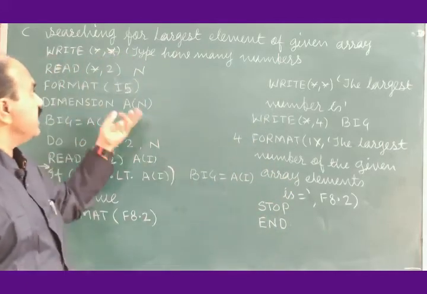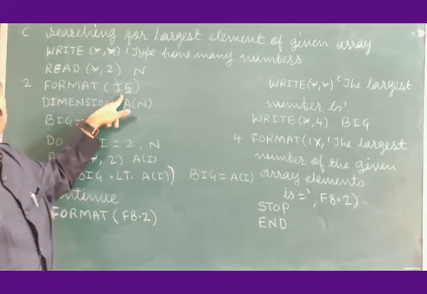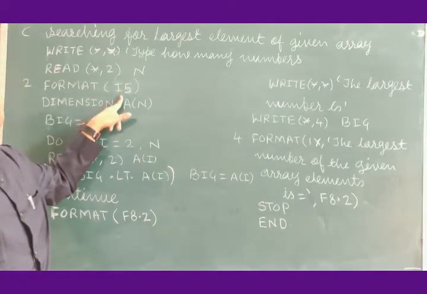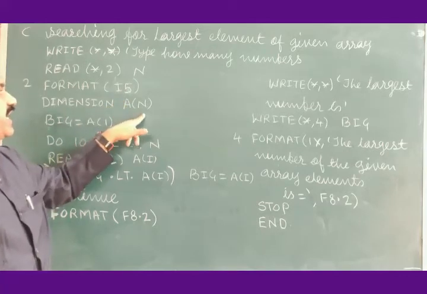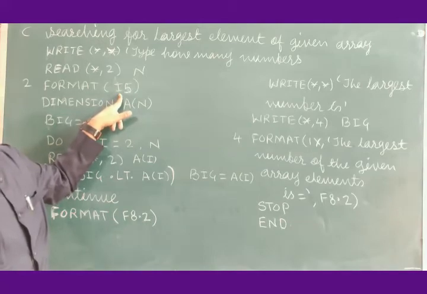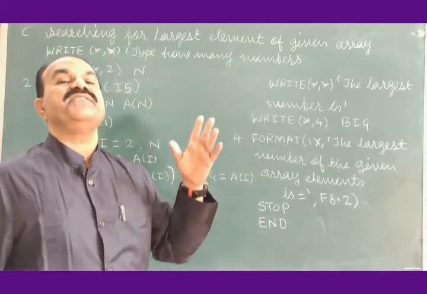That will be decided by n. And what n is allowed here? I5. I5 means a 5-digit integer. The number of elements this array can have will be at the most a 5-digit integer.